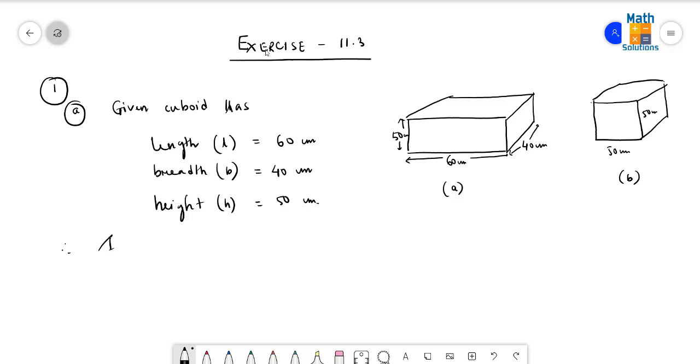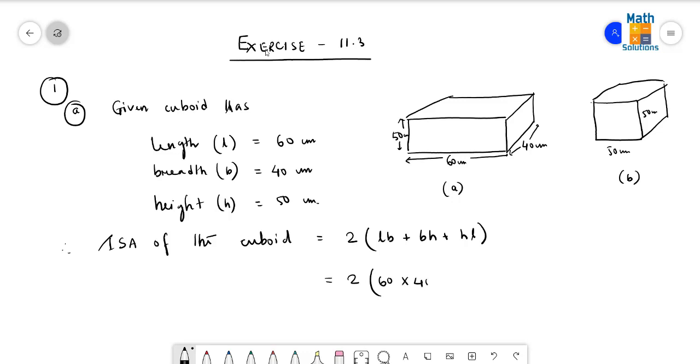Therefore total surface area of the cuboid is equal to, we already know the formula, 2(LB + BH + HL). So here we have to put the respective values. In place of L there will be 60, in place of B it is 40.